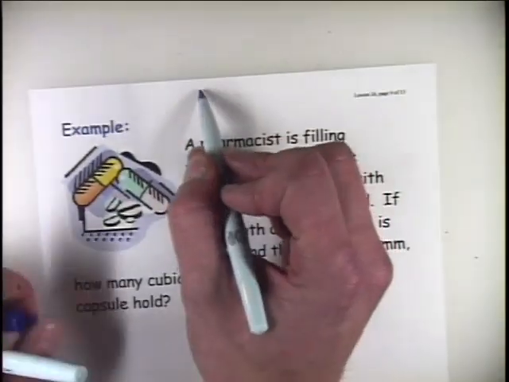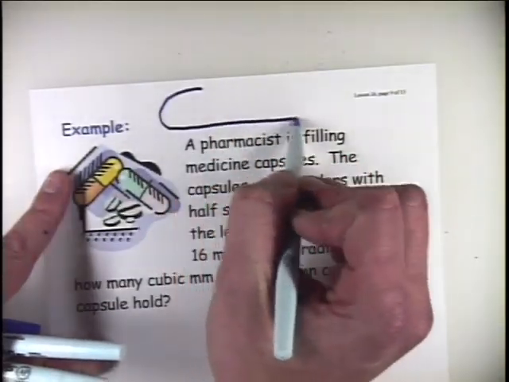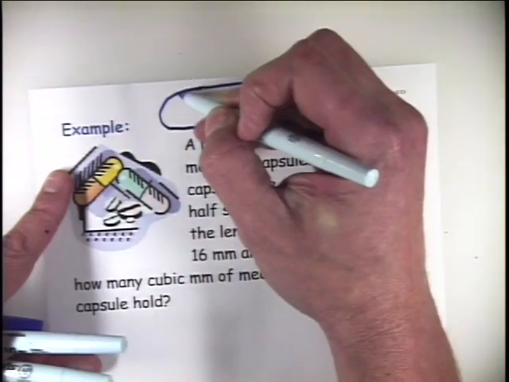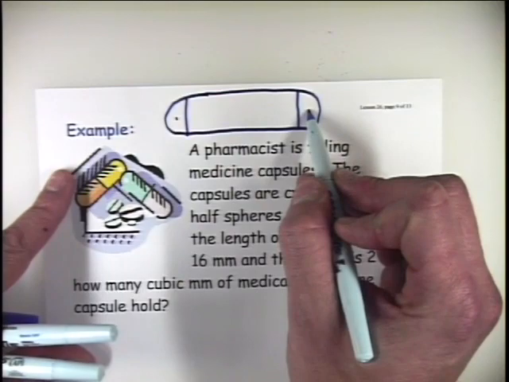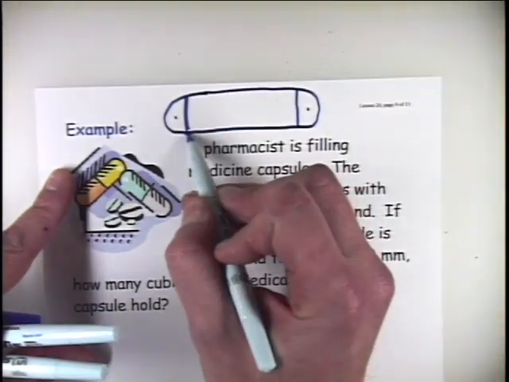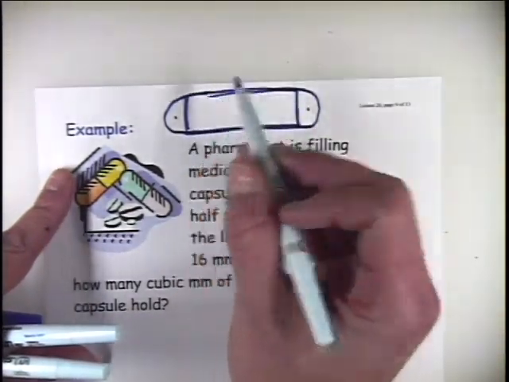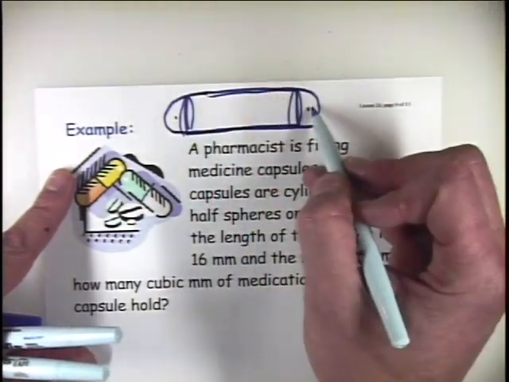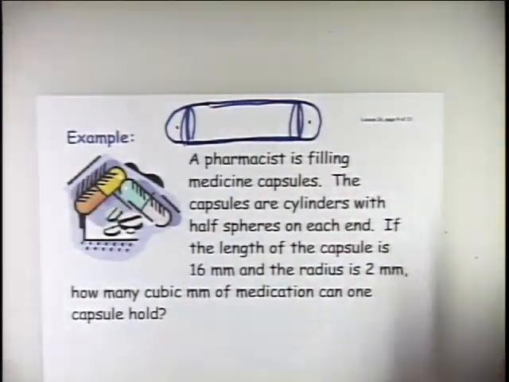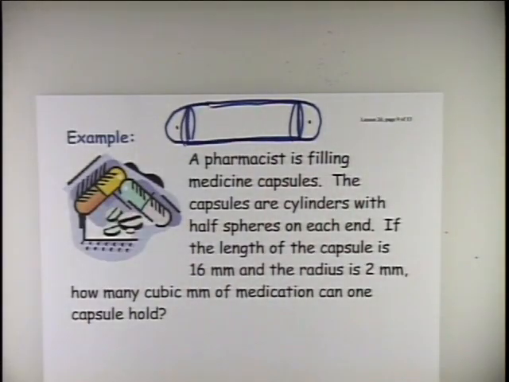If you look at one laying flat, it looks kind of like this. We have a hemisphere and a hemisphere, and the cross-section is a rectangle. In 3 dimensions, this is really a cylinder and then 2 halves of a sphere. So that's what it's composed of.